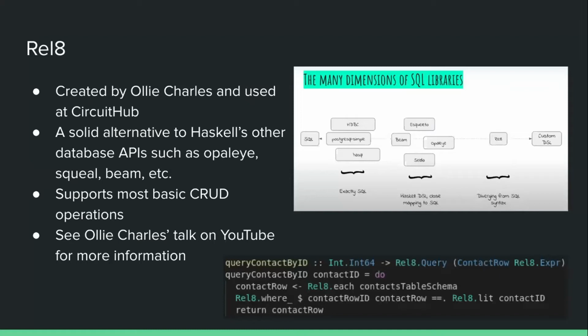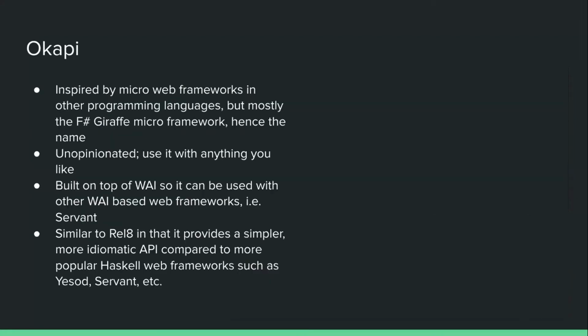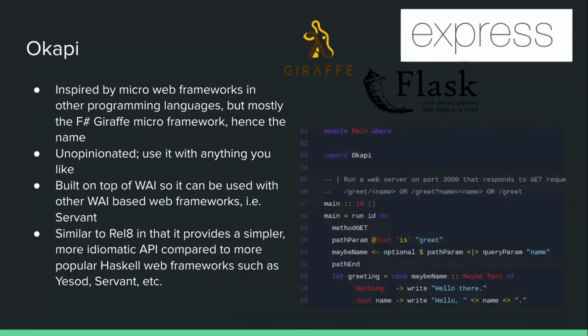And so we can use these statements in this do block to do just that. And we have a where clause right here. And right here we want to match the ID. Well, we want to select the rows that have the correct contact ID, and then we return those rows accordingly. So that's that.